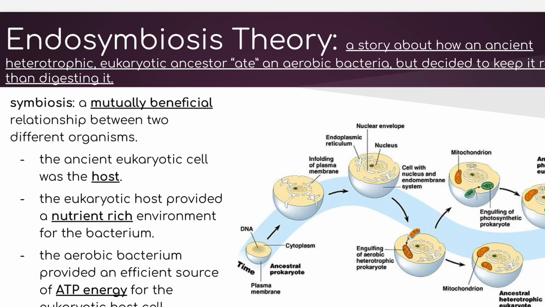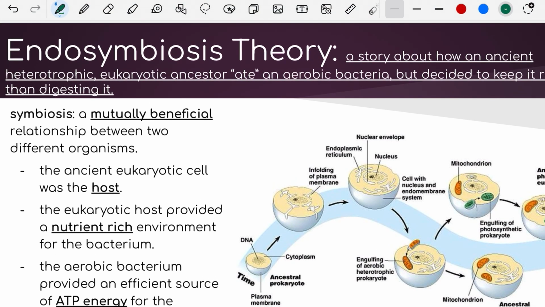Okay, so we talked about endosymbiosis theory. And remember, endo refers to into. Symbiosis is a relationship between two organisms where there is a mutual benefit. Okay, it's a mutually beneficial relationship between two different organisms.